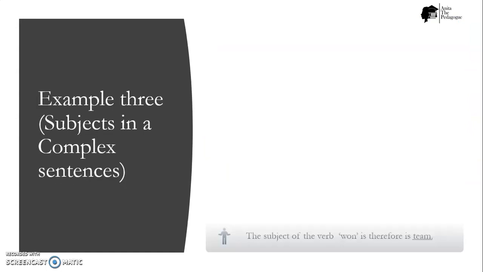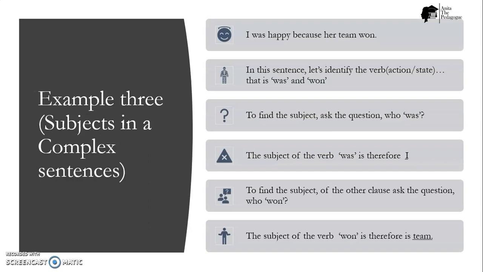We take a look at our third example. I was happy because her team won. In this sentence, let's identify the verb. The verbs here are was and won. To find the subject, ask the question, who was?